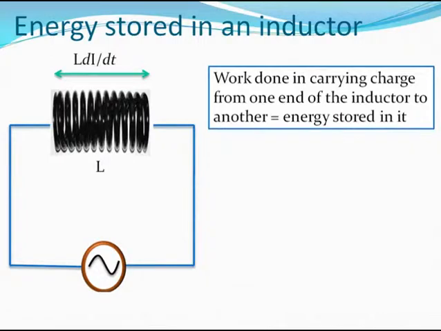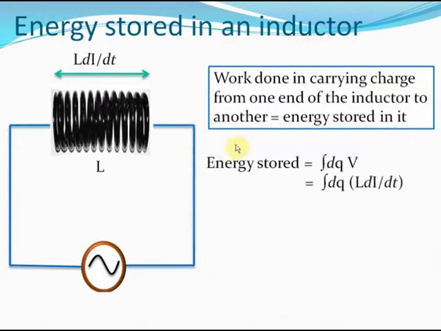Now let's carry a charge dq from one end of the inductor to the other end. Then the energy stored will be integral dq into V, where V is the potential difference across the inductor. And therefore, the net energy stored in the inductor will be integral dq into L dI by dt, because the EMF or the potential difference across the inductor is L dI by dt.